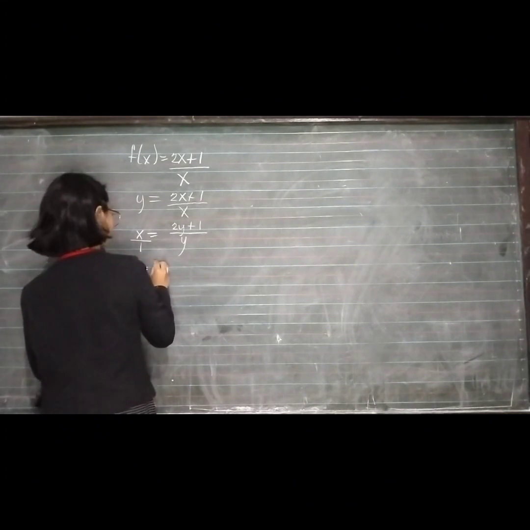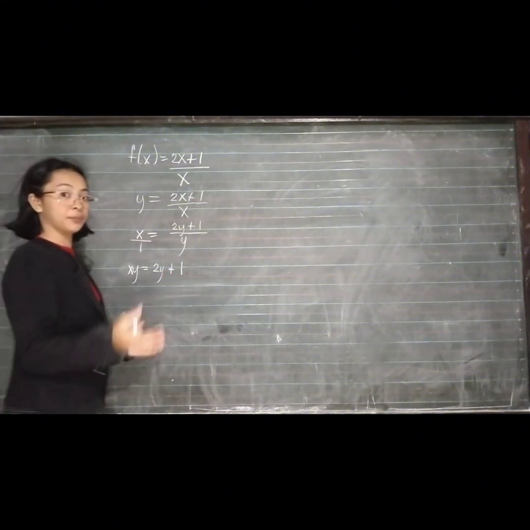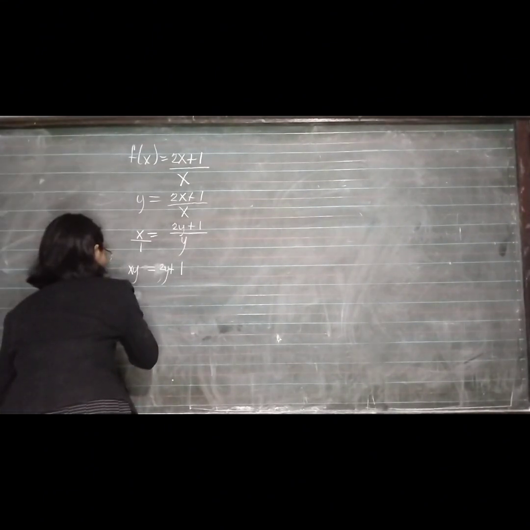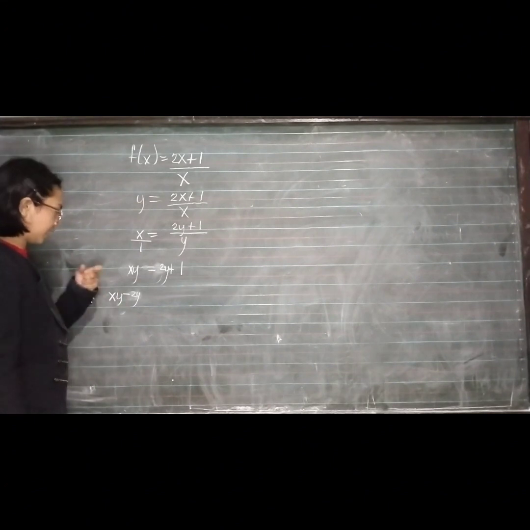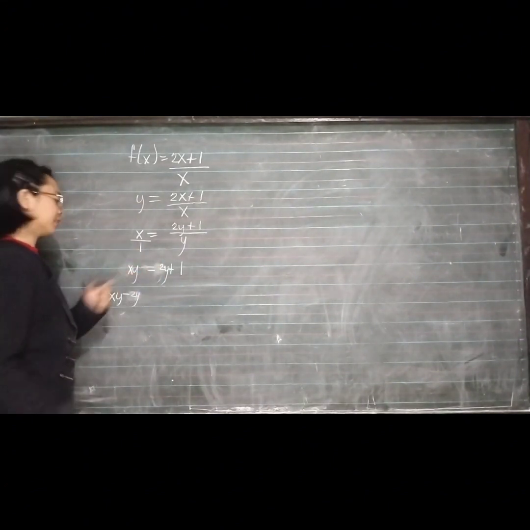So this will become xy equals 2y plus 1. And then you group the y terms: xy minus 2y equals 1. Again, this became minus 2y because the 2y moved across the equal sign.